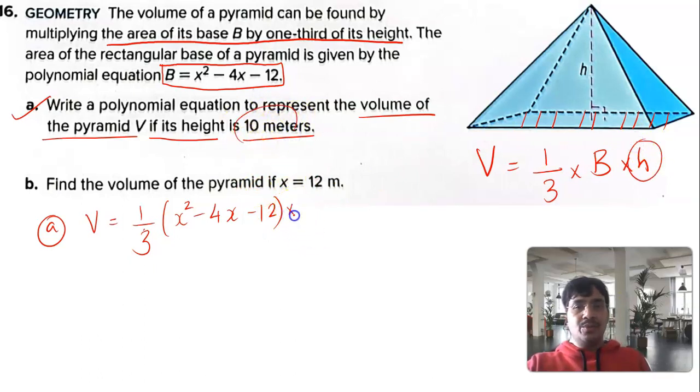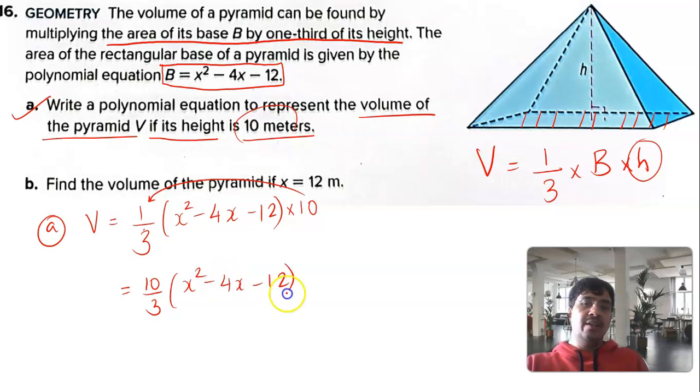So we will substitute 10 here. First we multiply the 10 with 1/3, so it becomes 10 over 3 times x squared minus 4x minus 12.